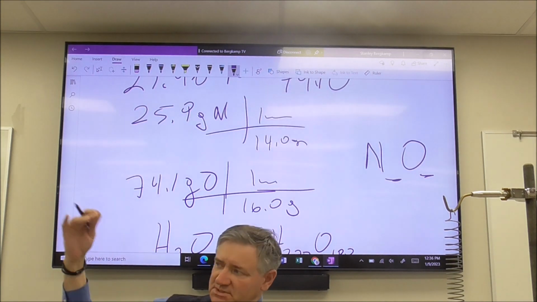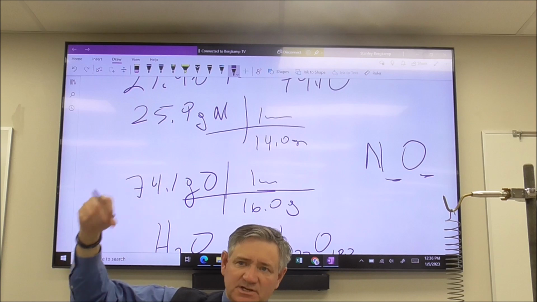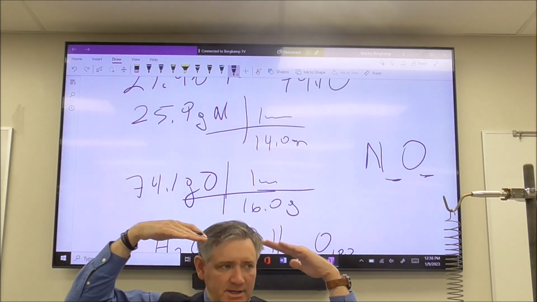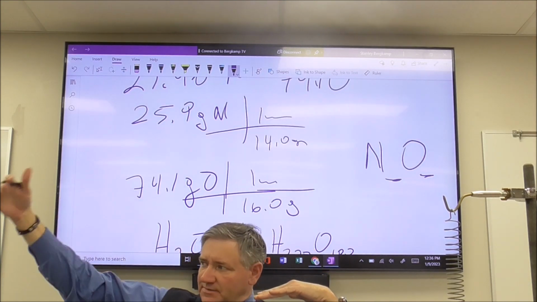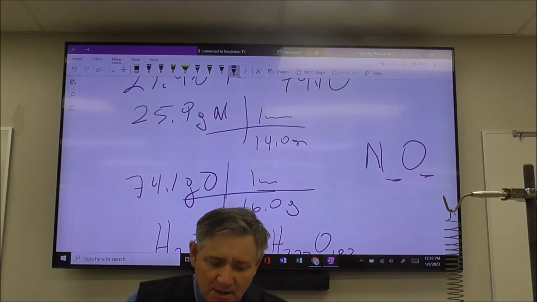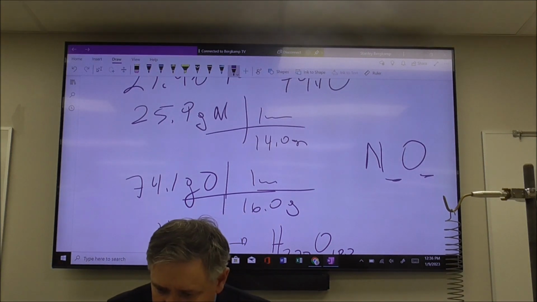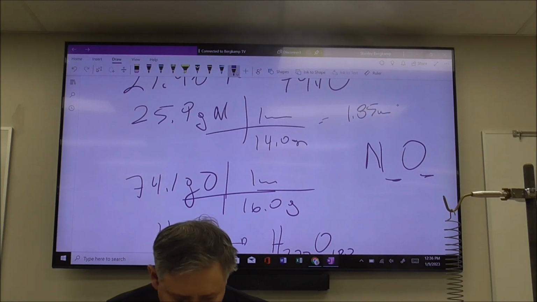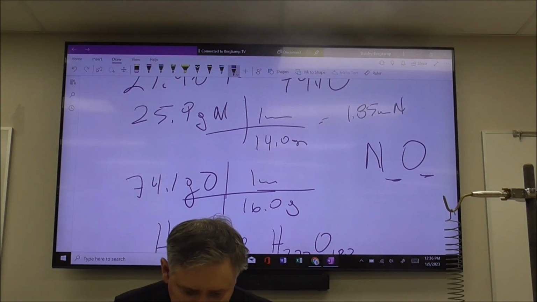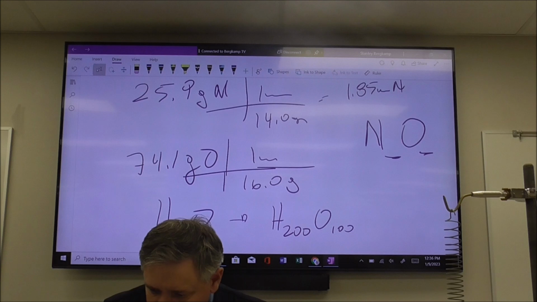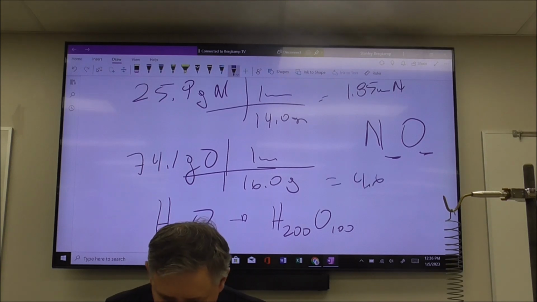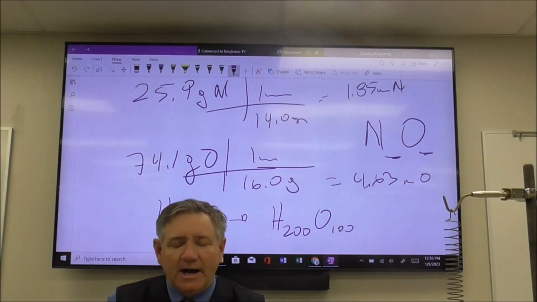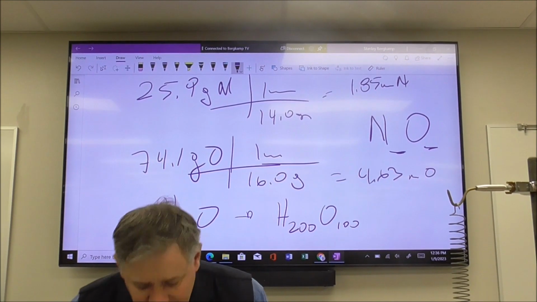So since you weren't specifically told this, that's why you use 16 and 14 and not the diatomic versions of this. So if you do this math, you get 1.85 moles of nitrogen and you get 4.63 moles of oxygen.